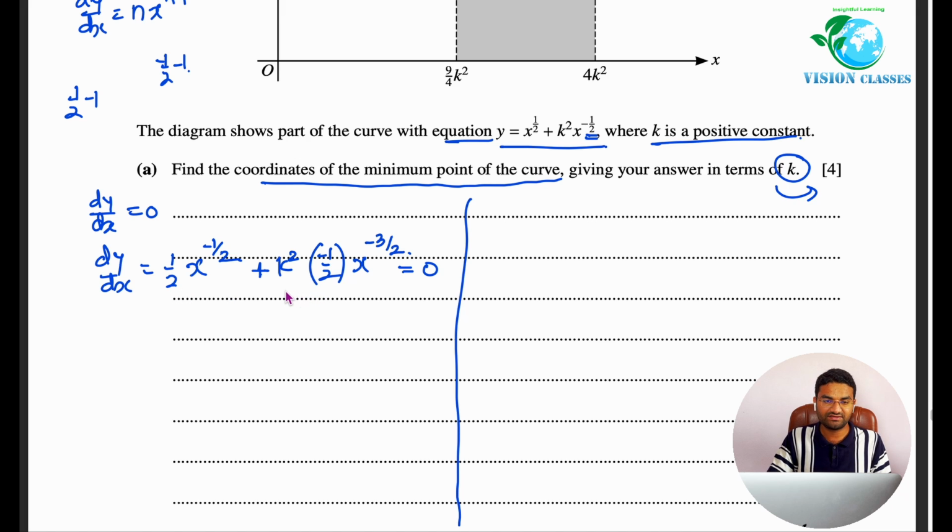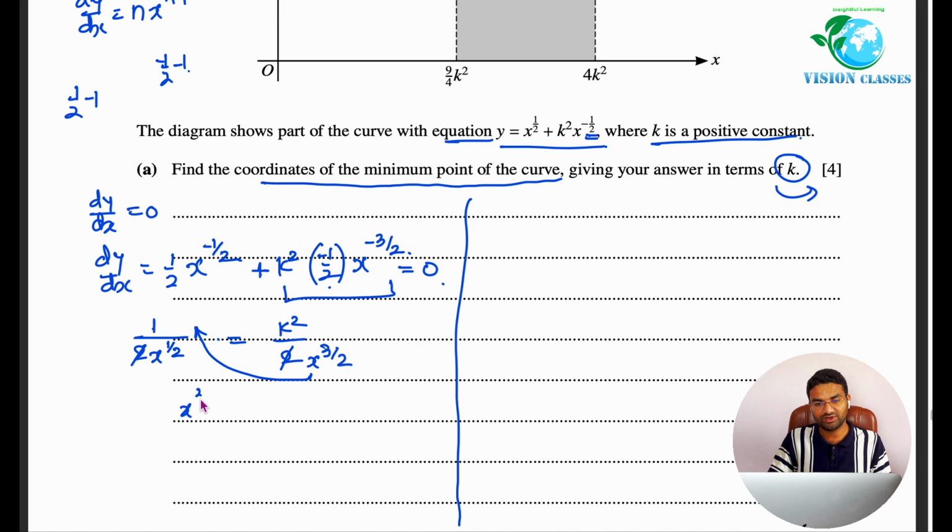So simplify this straight away. Take this part to the right-hand side because it is negative, so it will be positive. Then 1/2 x^(-1/2) is equal to k^2/2 upon x^(3/2). Transfer x^(3/2) to the left, and the 2s get cancelled out.